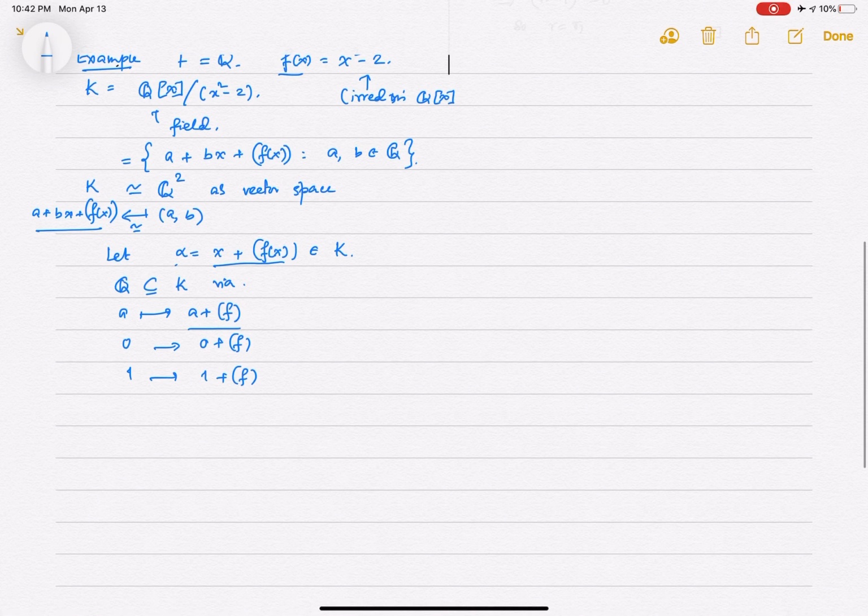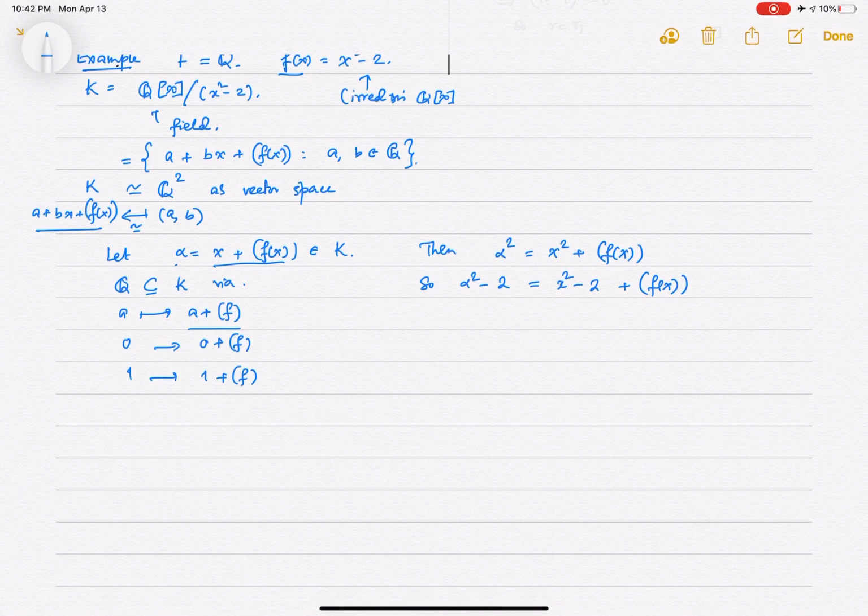Then what is alpha squared? It is the coset of x squared. So alpha squared minus 2 is the coset of x squared minus 2.